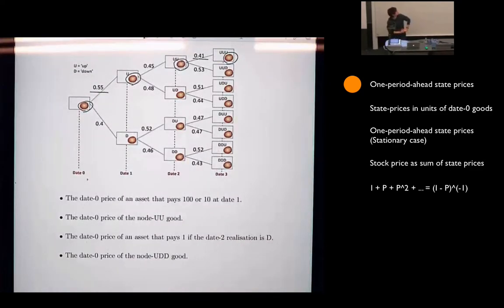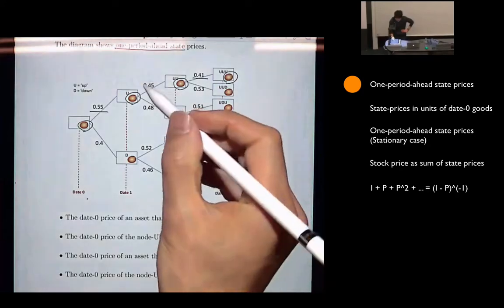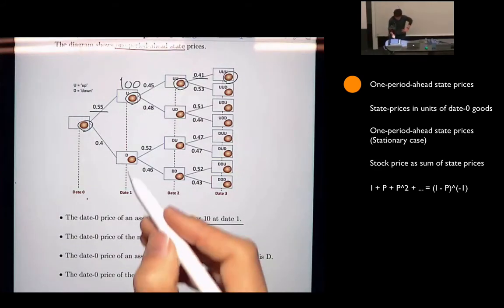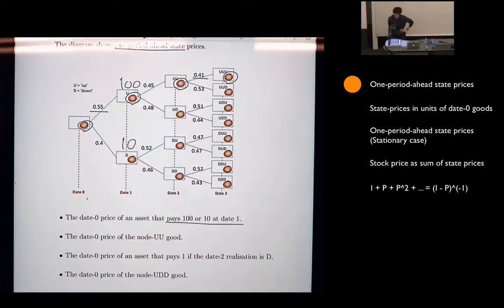What is the date 0 price of an asset that pays 100 or 10 at date 1, depending on the realized state? So consider an asset that pays you 100 units of potatoes if the economy is up at date 1, or only 10 potatoes at date 1 if the economy is down. What is the current price of such an asset?